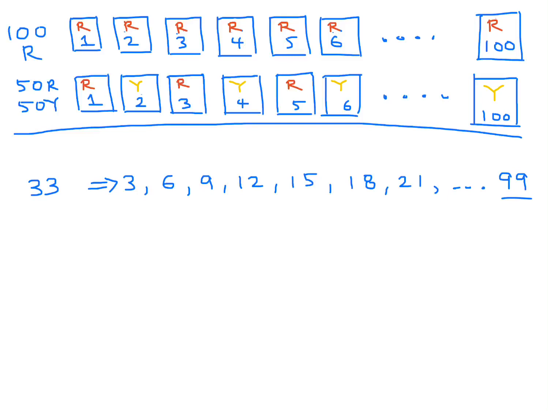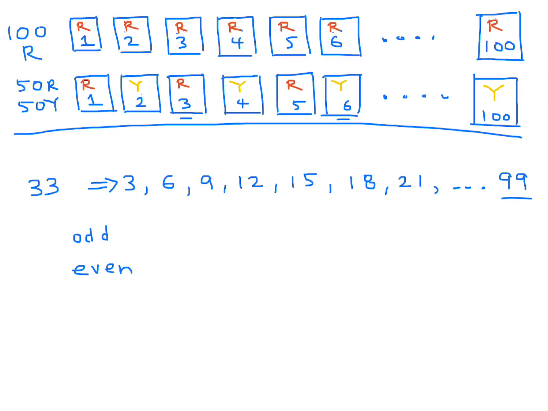Now here's the key to the question. He's flipping over all of these numbers. So he's going to flip over this one, and so on. We have to break these up into odd and even. How many of these numbers are odd?